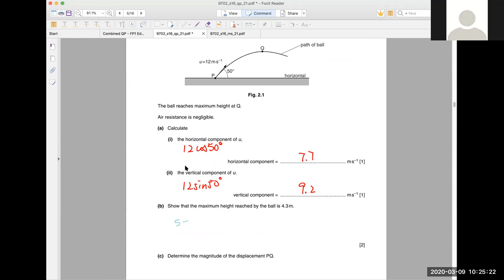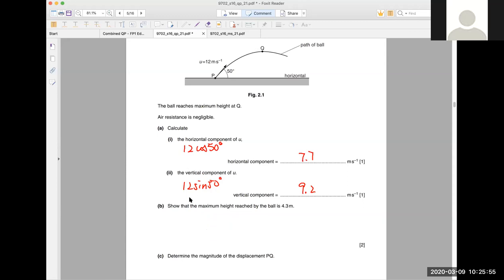Isn't it one of those vector formulas, like S equals UT plus half AT squared? I already forgot. Who's writing that? Whoever wrote that is a legend.